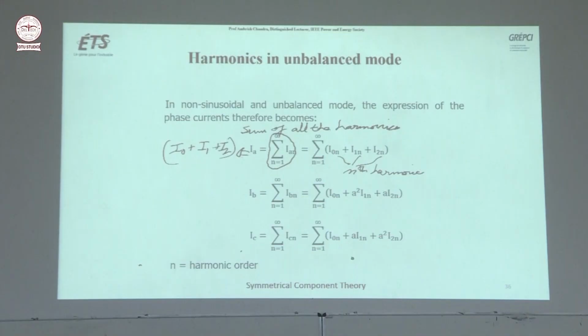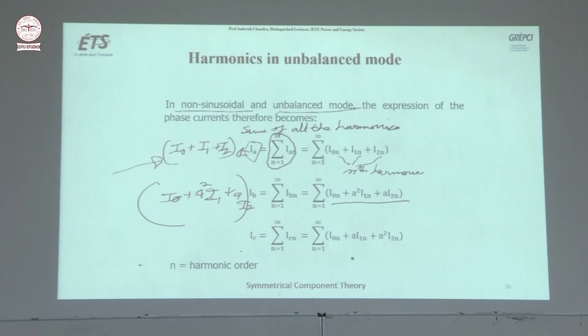Now if you have a non-sinusoidal unbalanced system, the same equations apply. IA, we have already seen this equation for I. Similarly, we have the equation for IB also, like I0 plus A square I1 plus A I2, the same equation which has been used.